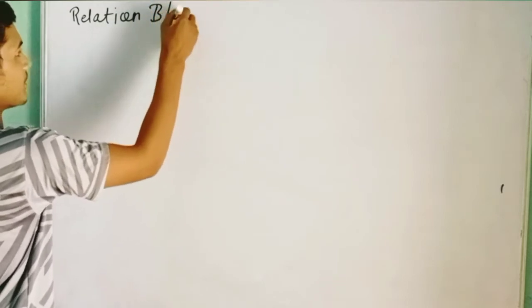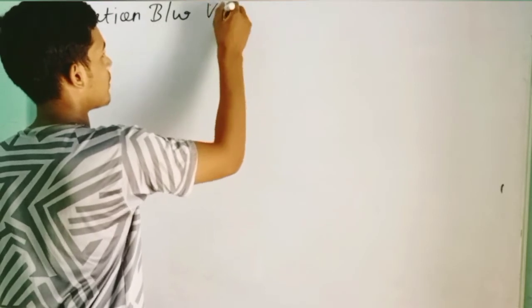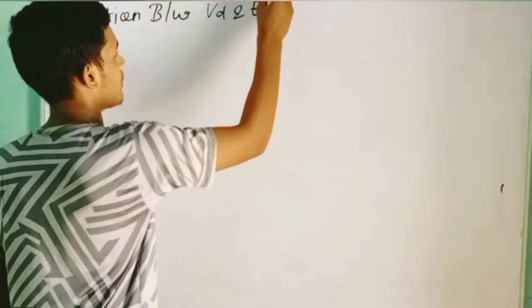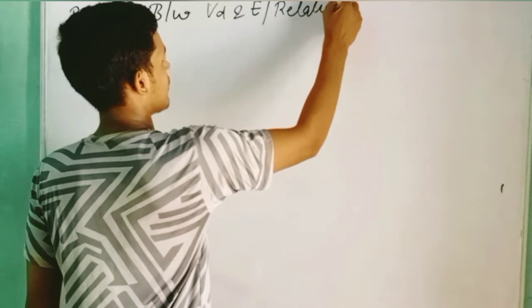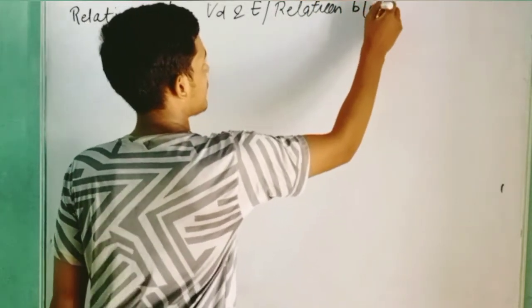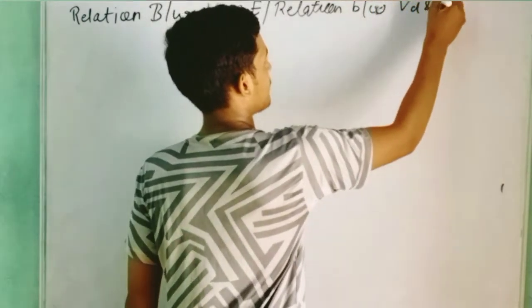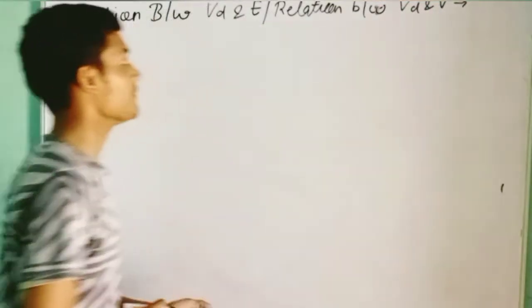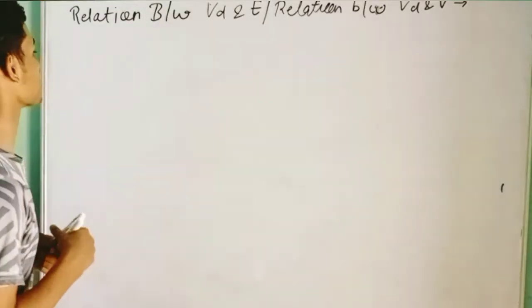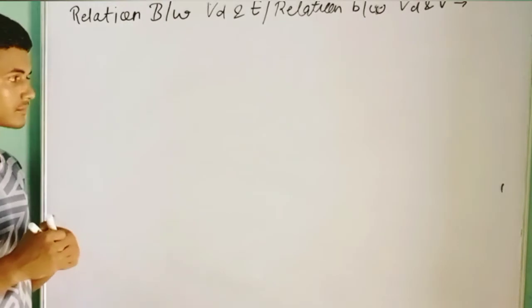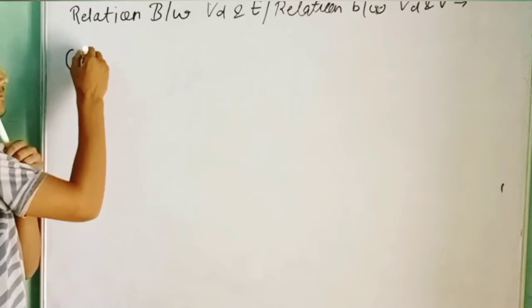Relation between vd and V, where V is the volt here, and we can write this formula for drift velocity. First we make a diagram.